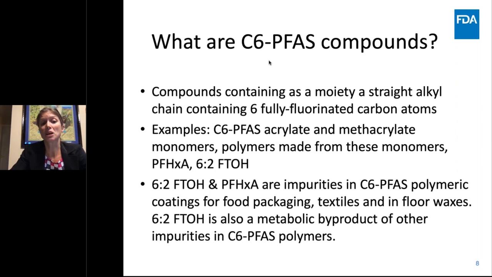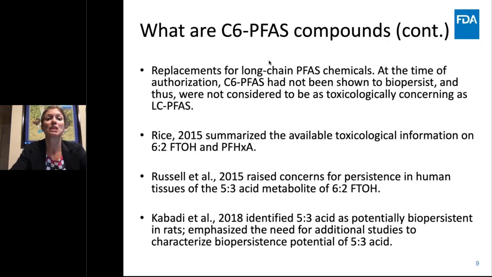The 6,2-fluorotelomer alcohol and perfluorohexanoate are impurities in the C6 PFAS polymer coatings that are used in food packaging, textiles, and in floor waxes. The fluorotelomer is also a metabolic byproduct of other impurities in C6 PFAS polymers, such as the monomers themselves, and possibly from the oligomers derived from these polymers.